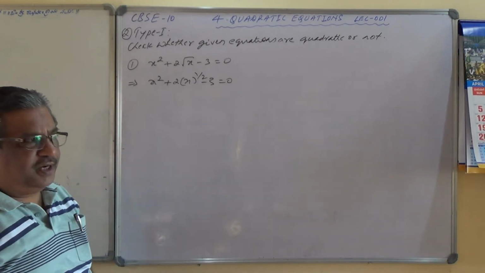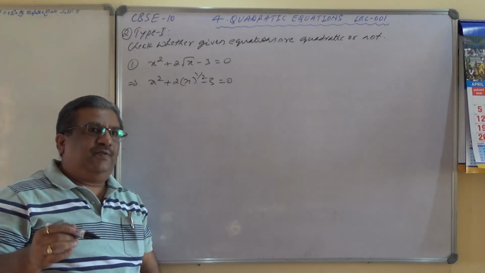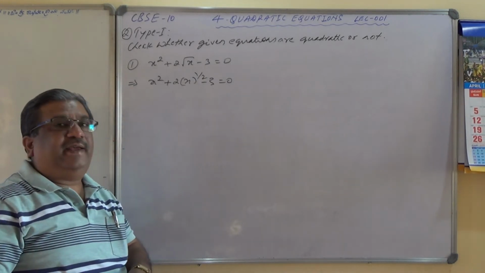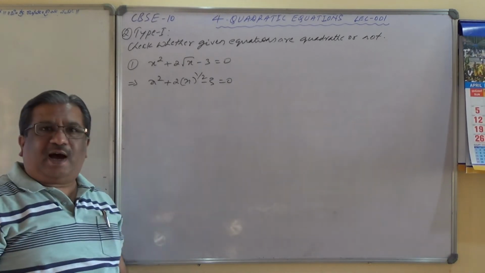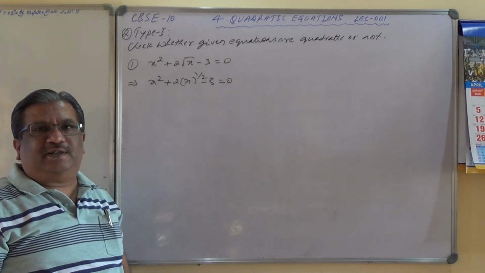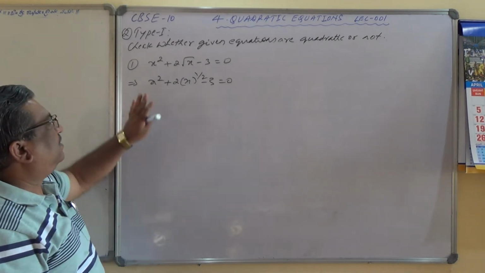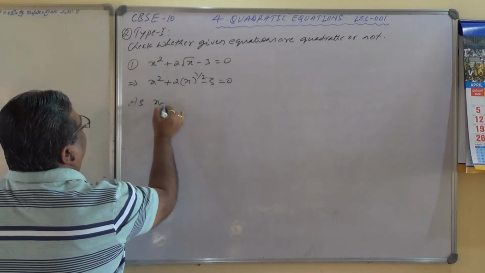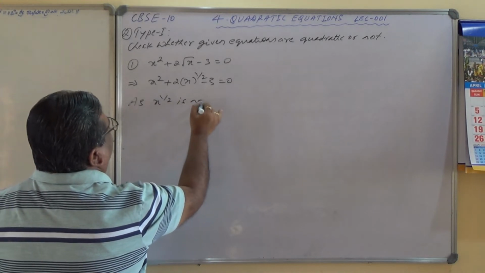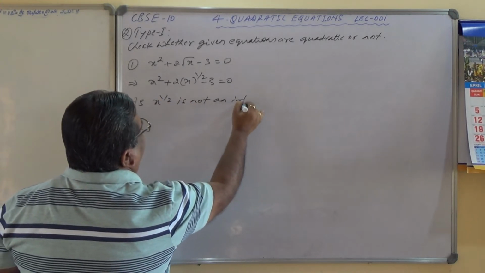Why is this not a polynomial? Because when you define a polynomial, the exponent should be an integer. Is it an integer over here? Half is not an integer, and hence this is not a quadratic polynomial, as x to the power half is not an integer.